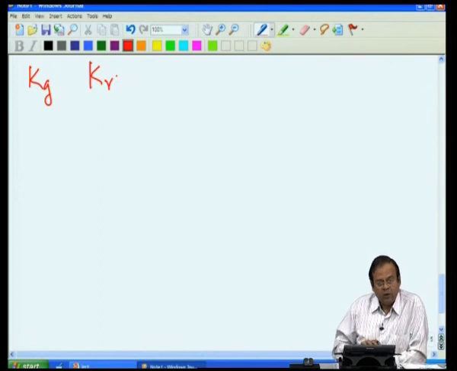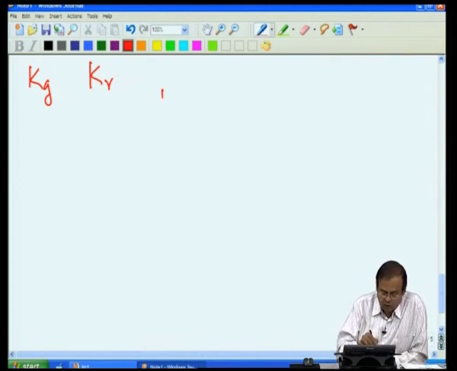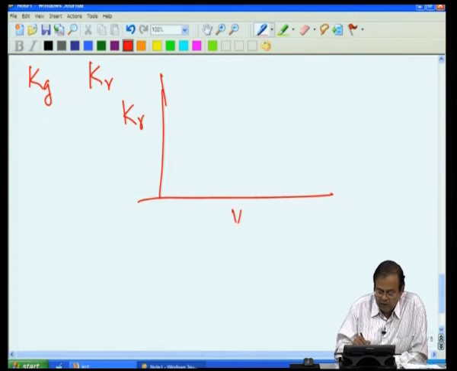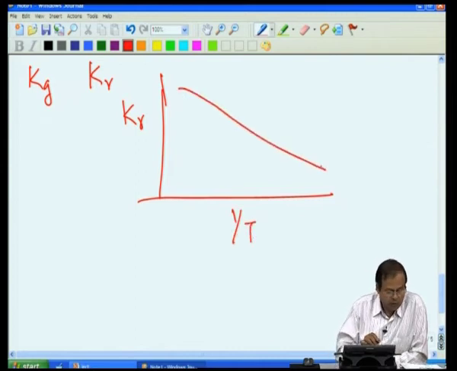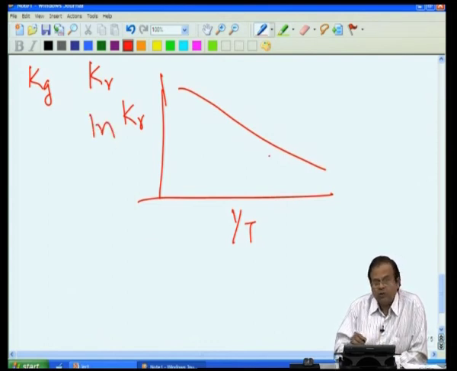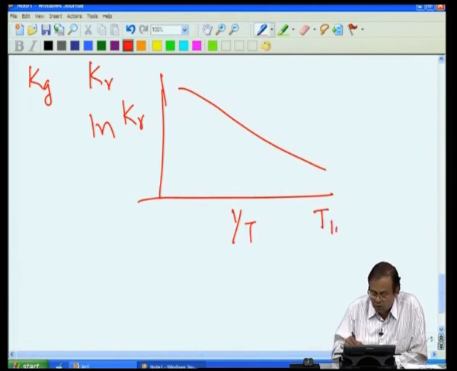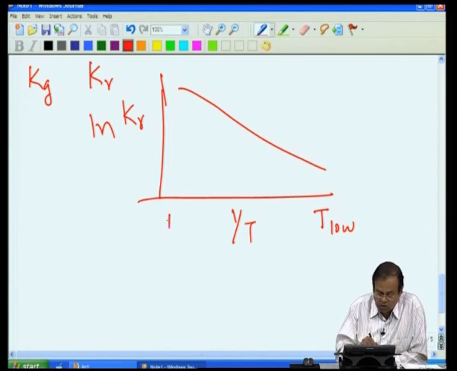For example, when it comes to temperature effect, you will recall that our Kr varies linearly with 1 over T if you are plotting ln Kr, because of the Arrhenius rate relationship. Now, this is temperature low, this is temperature high.